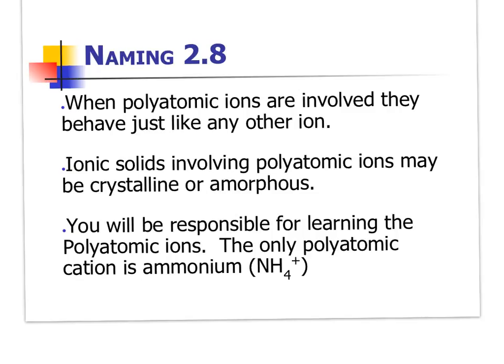They are very important to chemistry and our everyday life, as we'll talk about when we get into chemical reactions. There's only one of them that's positive, and that is ammonium, not ammonia. It is important that we enunciate these. Ammonia is NH3.